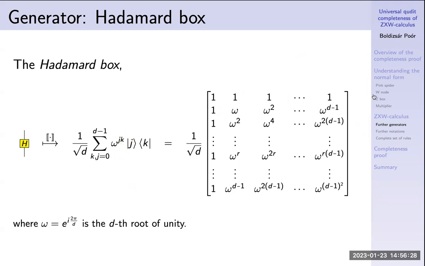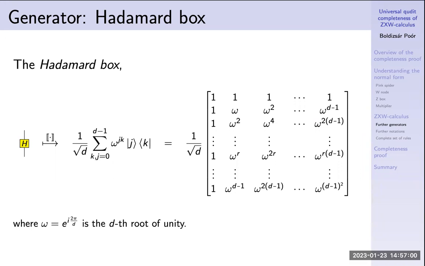At every row and every column, we have j and k, and we have j times k. So this is the first row. We have omega to the power of 0 times 1, 1 times 1, 2 times 1, up to r times 1. And this is how we get each of the columns. And also, it's not too important to know this notation. It's only important because of the proof that we need later on.